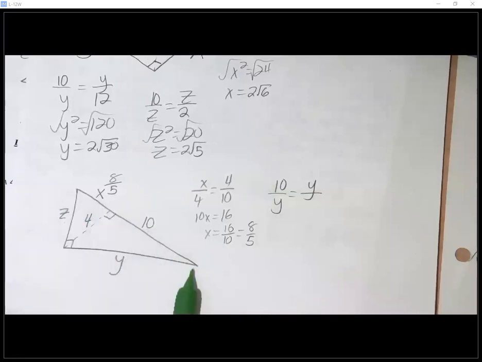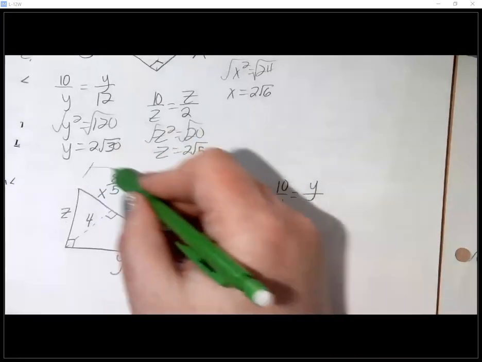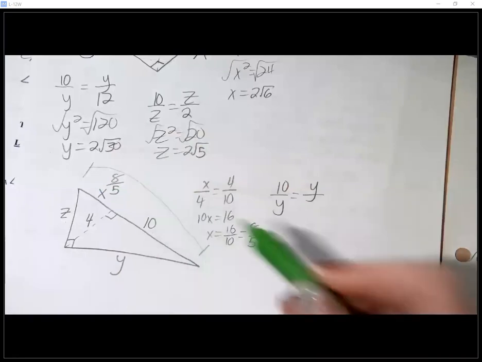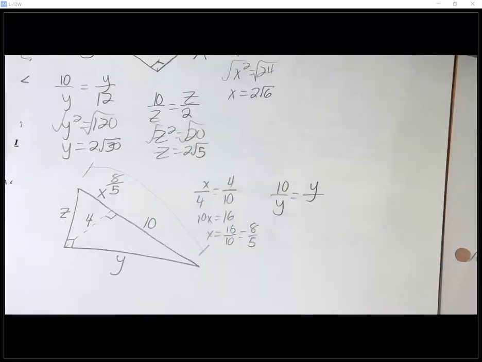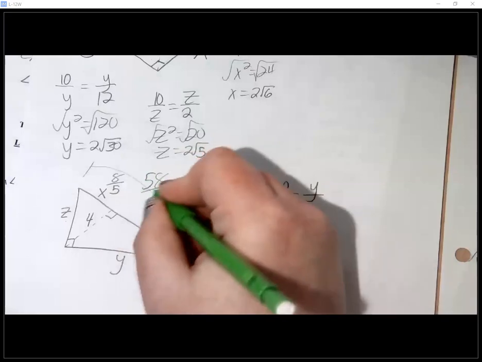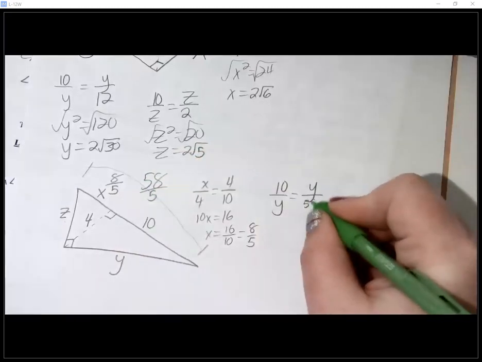But now that I know what X is, it's 8/5. Let's find the length of my whole hypotenuse. So 10 plus 8/5 is, what is that? 58 fifths. Okay, 58 fifths.